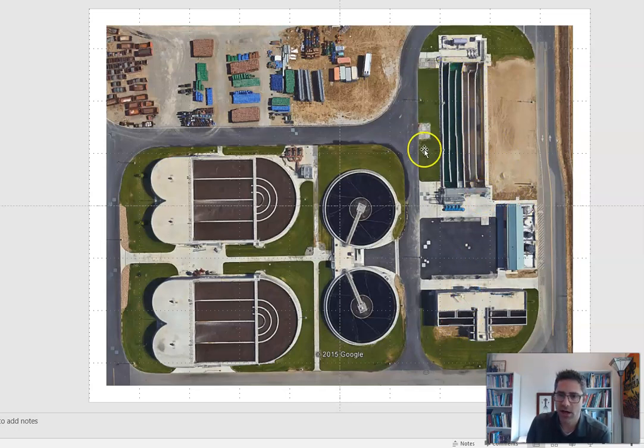And this is a chlorine contact channel, where if you look closely, you can see it comes in. There's two channels here, one on the left, one on the right. The one on the right in this view is dry, and the one on the left is being used. Wastewater comes in here, goes all the way down this channel, turns, comes all the way back, turns, comes all the way back.